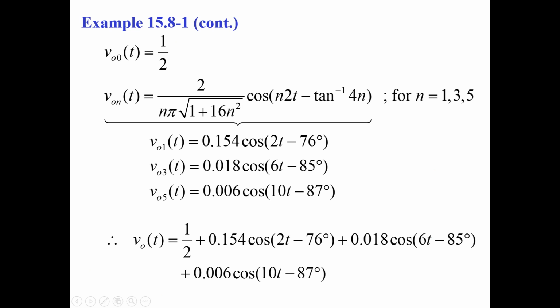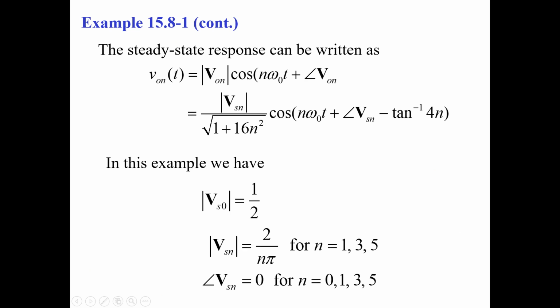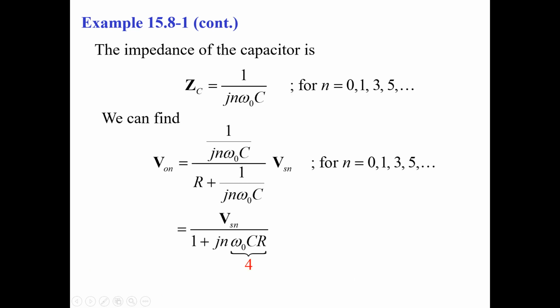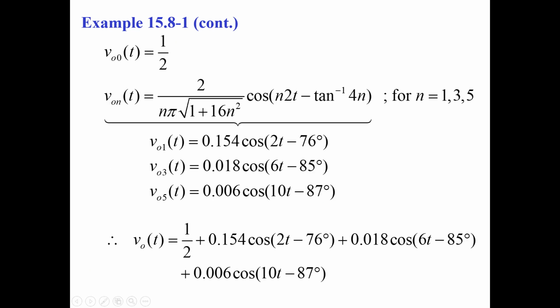This is the average value, and this one is your total function. Just add them up and put those values over here. This is cos n omega t, and these angles come from there.